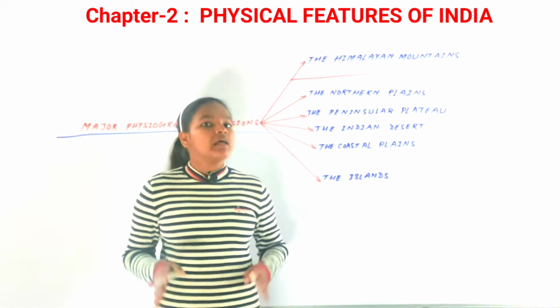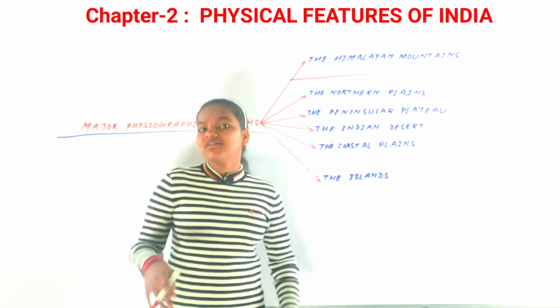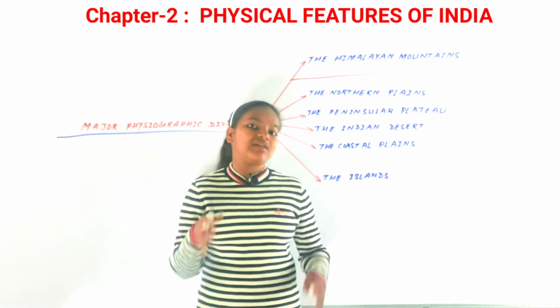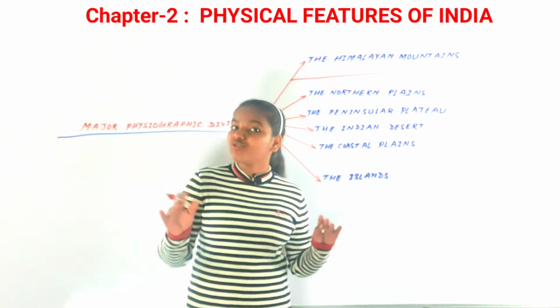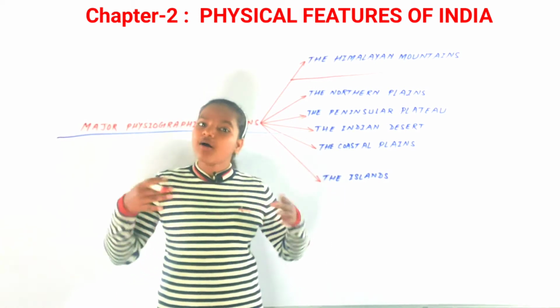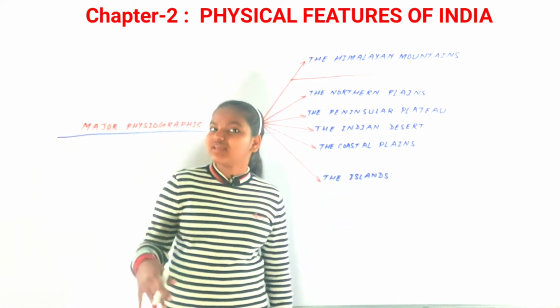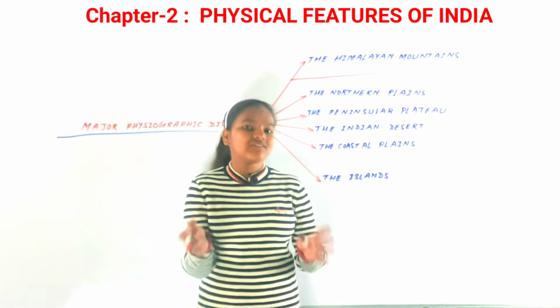There are also many local names that vary from region to region, because some parts of the Himalayas also go into Nepal and China, so it's obvious there will be different names in different regions. So that is about the first range.